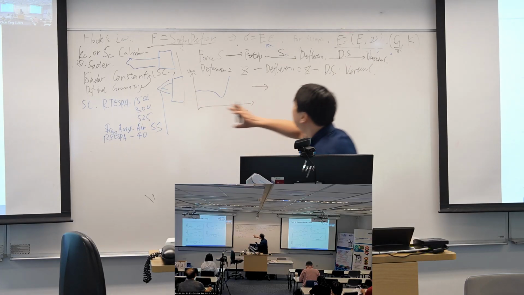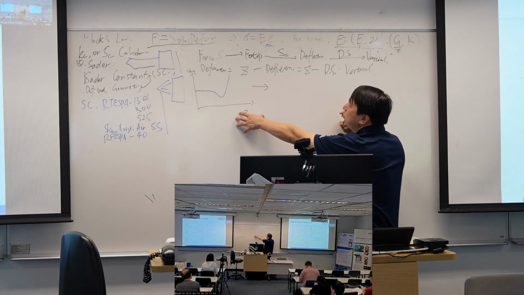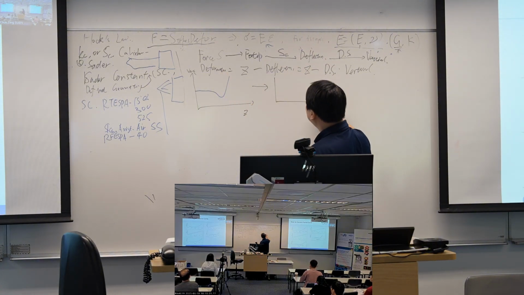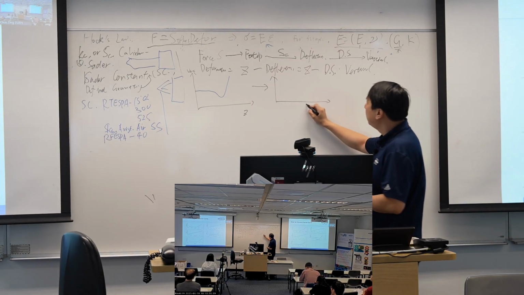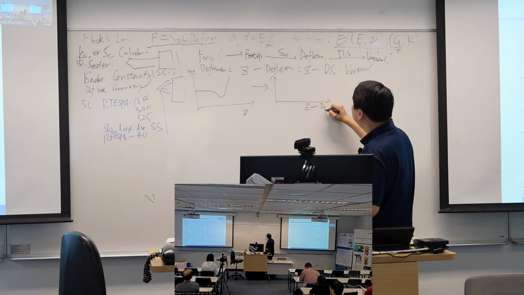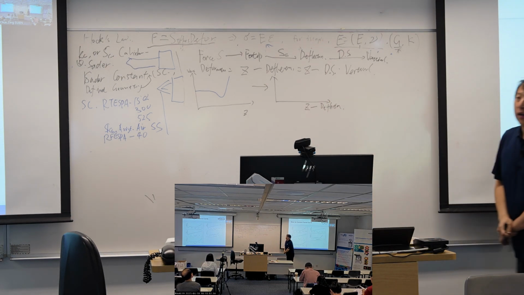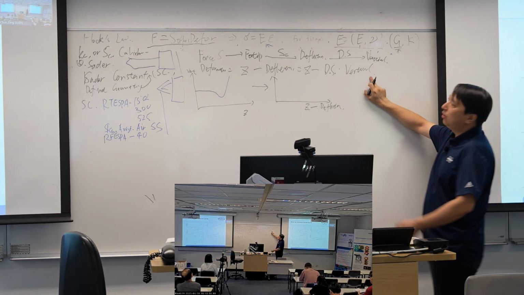For the first step, we need to change the x-axis to the deformation. So we need to use Z minus deflection, and the deflection equals deflection sensitivity times vertical.